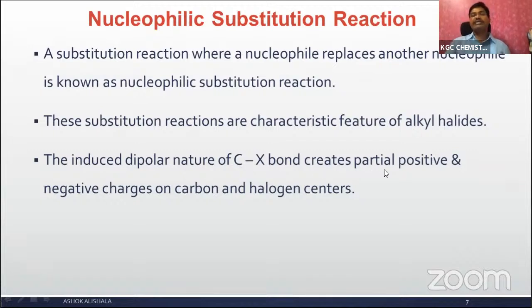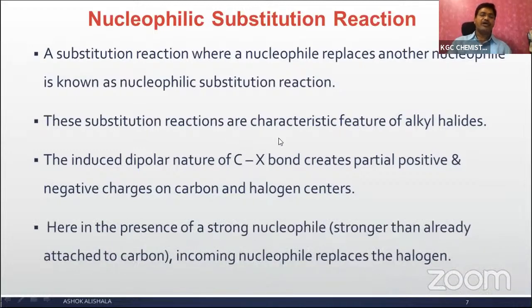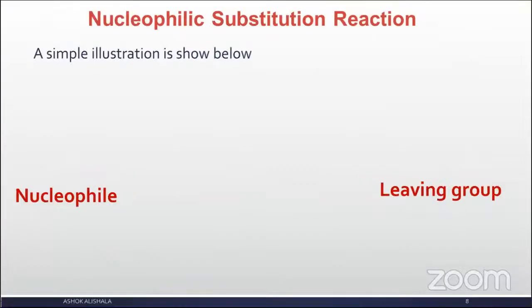It creates partial positive and negative charges: carbon gets the positive charge and the halogen gets the negative charge. In the presence of a strong nucleophile, stronger than the one already attached to the carbon, the incoming nucleophile replaces the halogen.